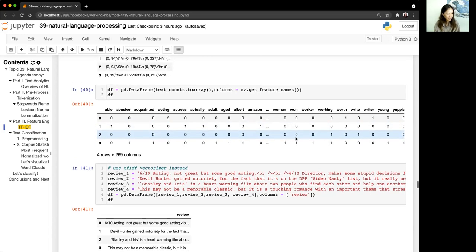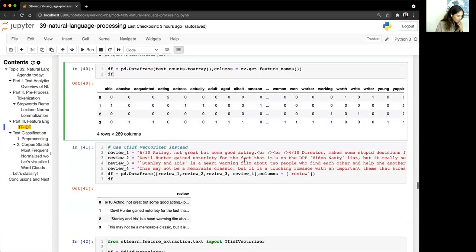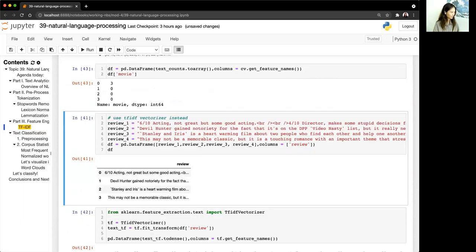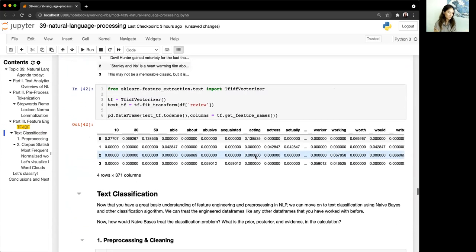So if we were to look at an example, what's a good example? I want to see what word is in everything. I wonder if the word movie is in all of them. Okay, never mind. The word movie appears 3 times in review 0 and none in the rest. So we would expect the word movie to have a pretty high Tfidf value.